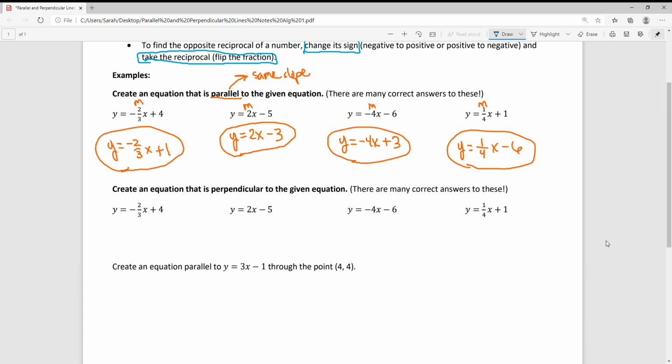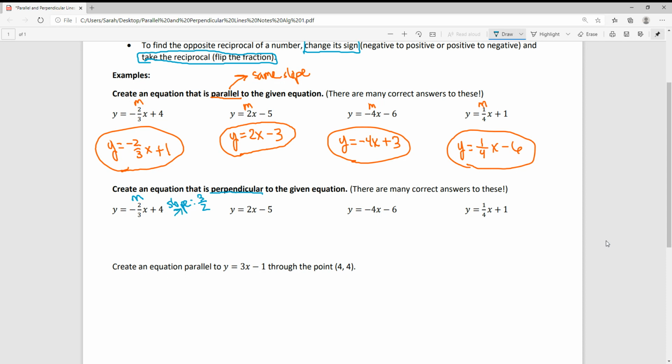So sort of like we did up here, but now we're talking about perpendicular lines. We need to change our slope. In this first one, the slope is negative 2 over 3. The slope that I'm going to actually use in my new equation, I need to do the opposite reciprocal. Negative becomes positive. 2 over 3, I'm going to turn upside down and turn into 3 over 2.